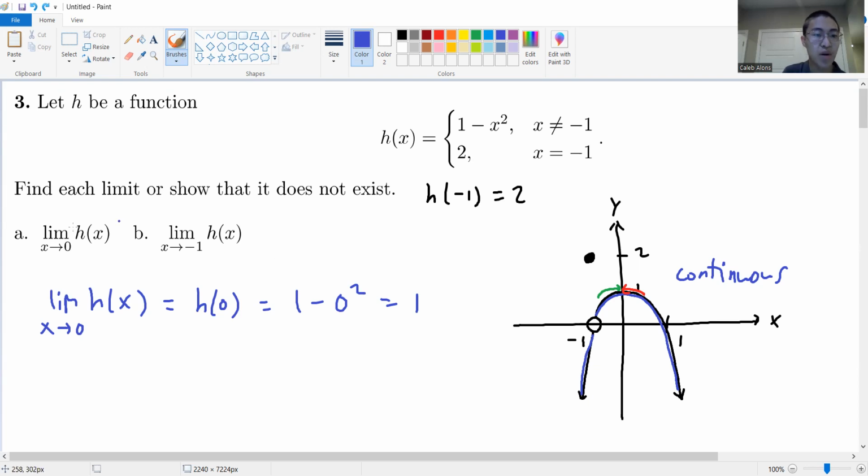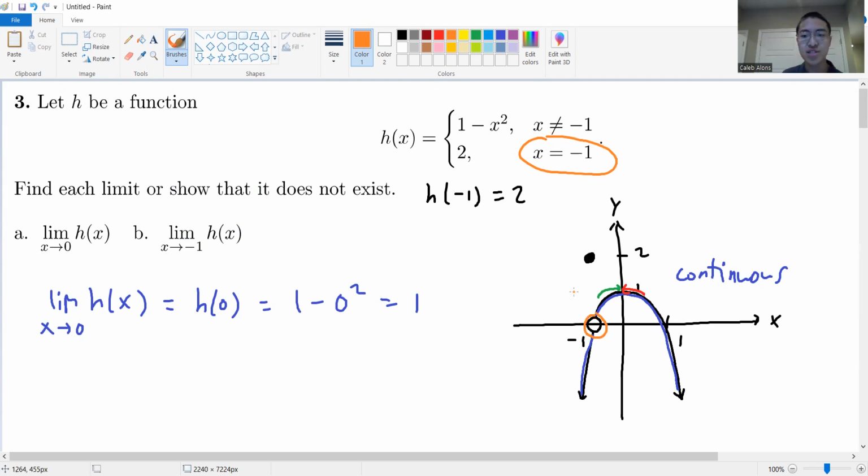So how do we handle part B then? We have the limit as x approaches -1, and remember now -1 is the trouble spot. That is where we are introducing, I'll put this in orange, our discontinuity. So let's see if that affects anything.